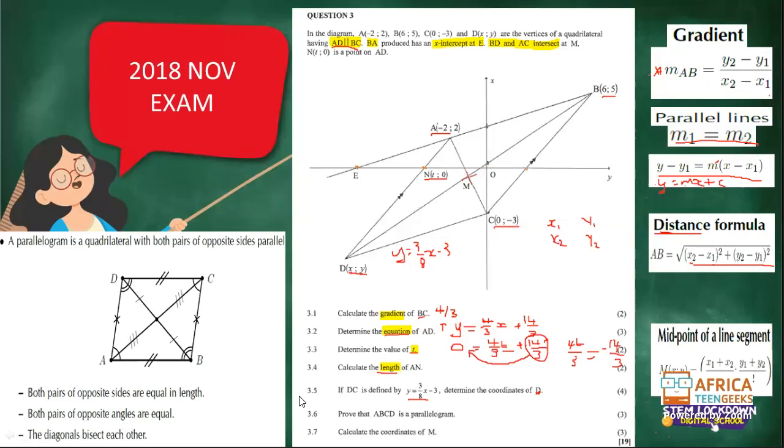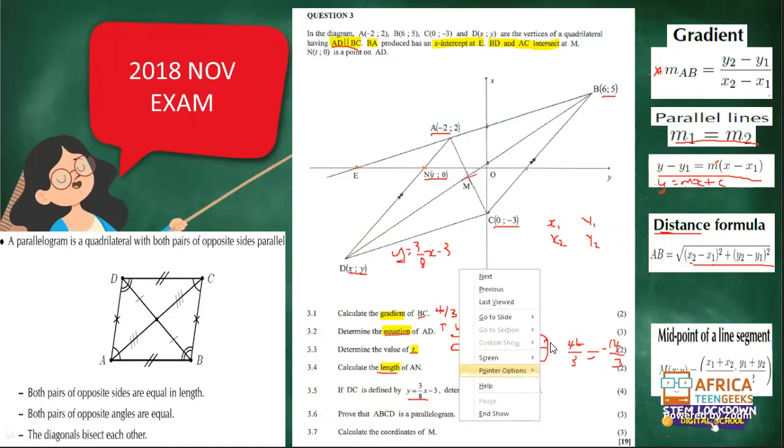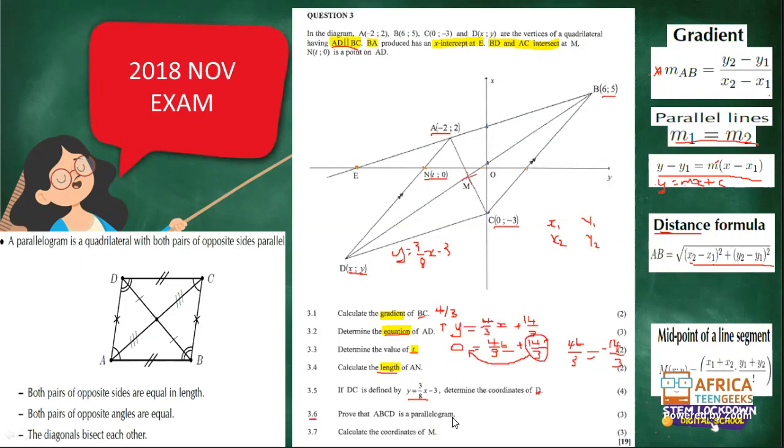And then for number 3.6, you are asked to prove or show that this ABCD is a parallelogram.